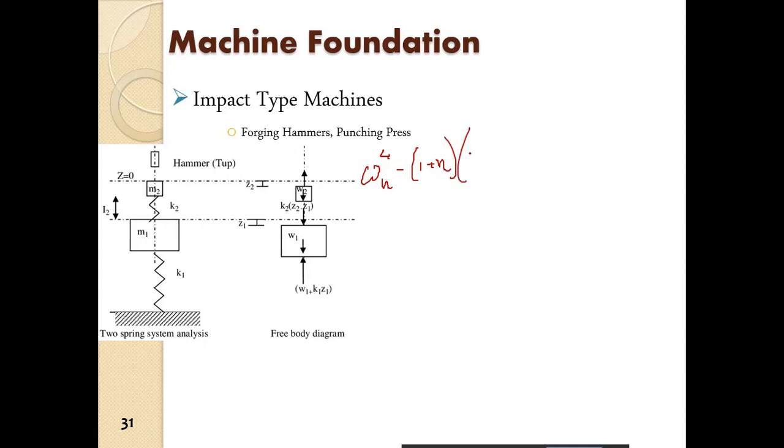So here it will be omega n A square plus omega n L square into omega n square, plus 1 minus 1 plus mu here, sorry, eta.